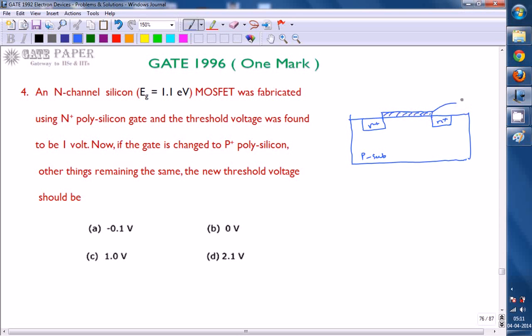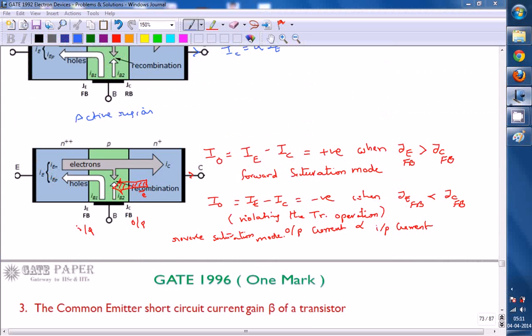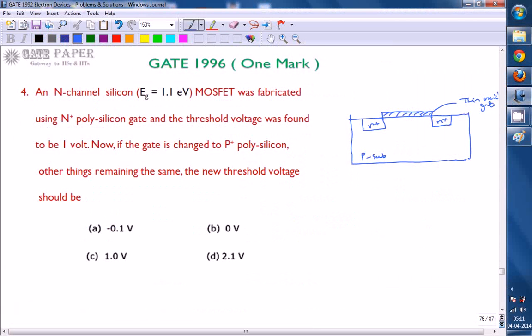This is also called the thin oxide or gate oxide, the SiO2 layer.